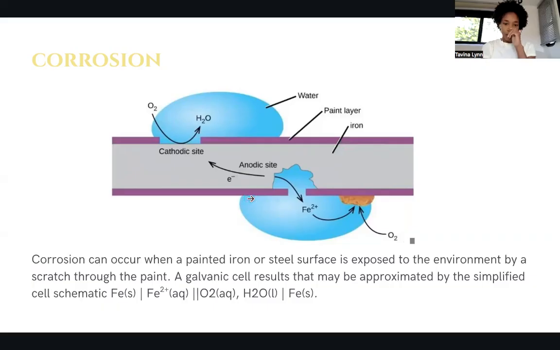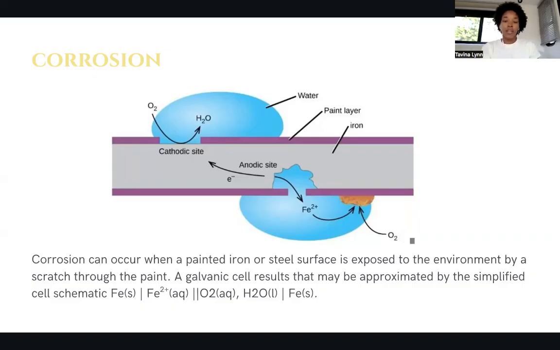And when corrosion happens due to, let's say, the paint scratching, the iron can then be oxidized by the oxygen in the atmosphere, and then the electrons can travel to this cathodic or cathode site where water can essentially reduce the oxygen. The oxygen can be reduced to water.